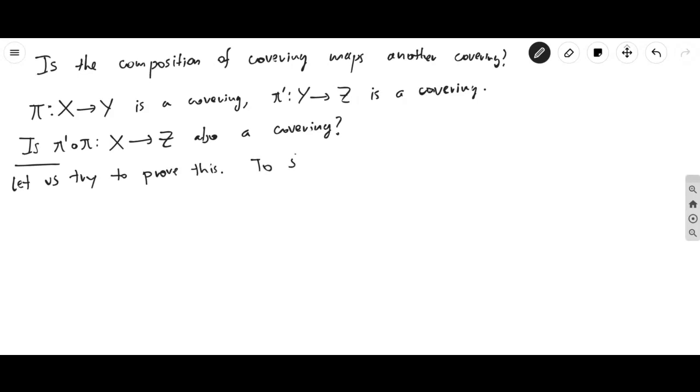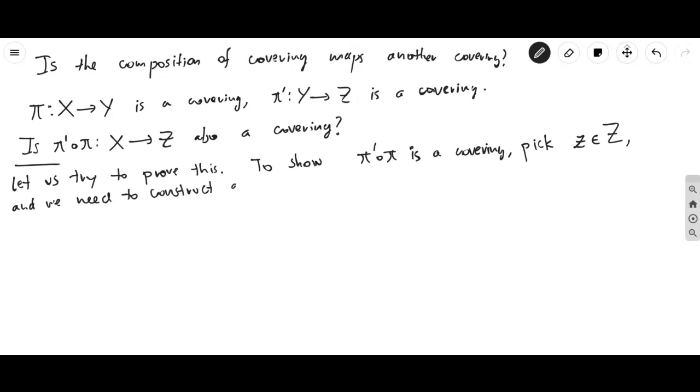So to show that pi prime composed pi is a covering, we pick some point, let's call it z, lowercase z, in large Z, and we need to construct an evenly covered neighborhood.